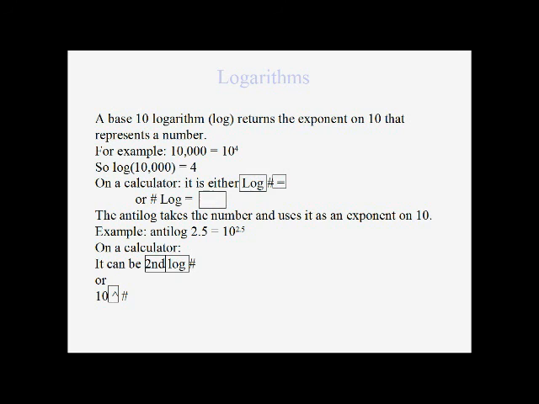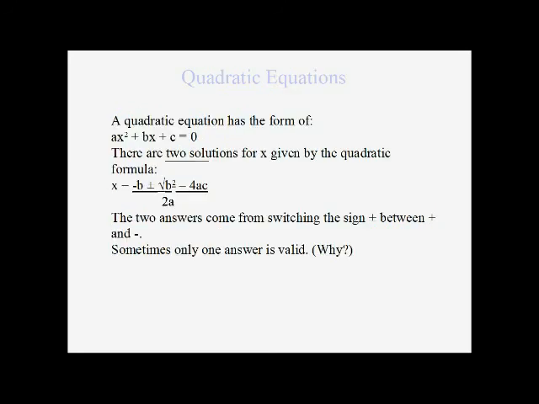That is the logarithm. It gives us the power of 10. And the anti-log will raise 10 up to that power. So again, we have to know how to use our calculators for logarithms and anti-logarithms.